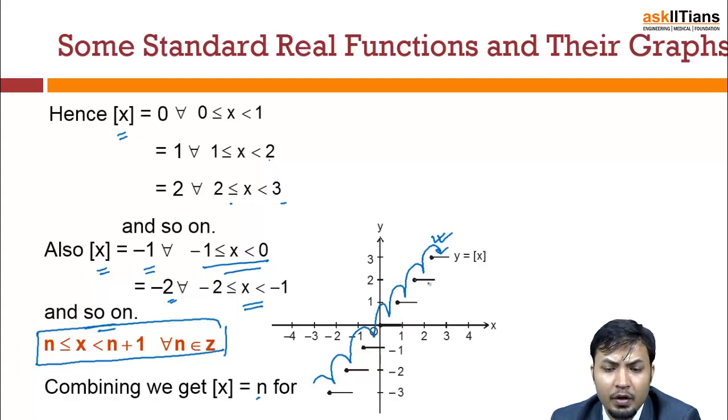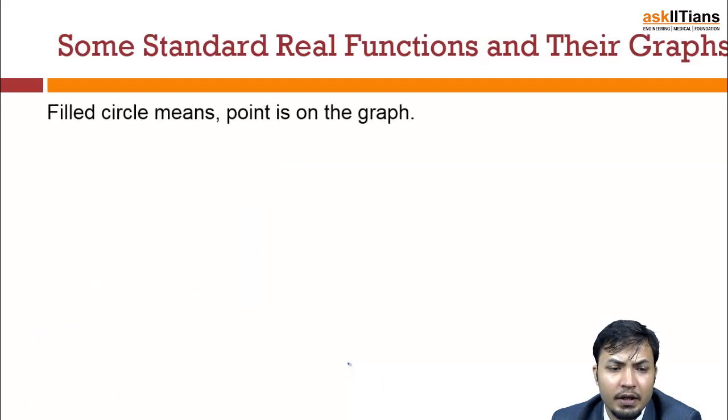Okay, so for every value, let's say there is some value over here, maybe 1.9, that will lie at 1. Similarly at 2, for 3, so like this it goes on. Alright, now let's move ahead.